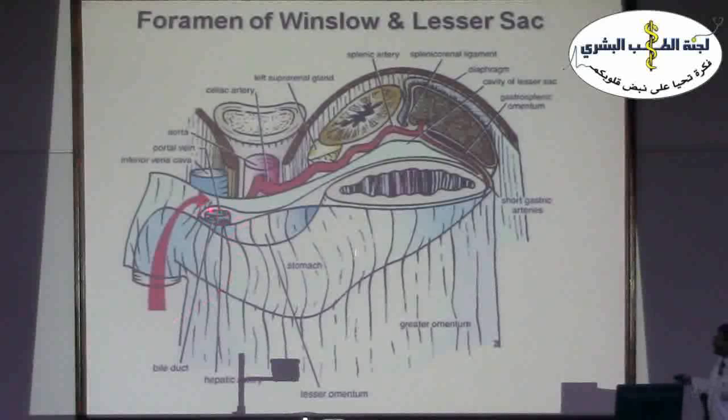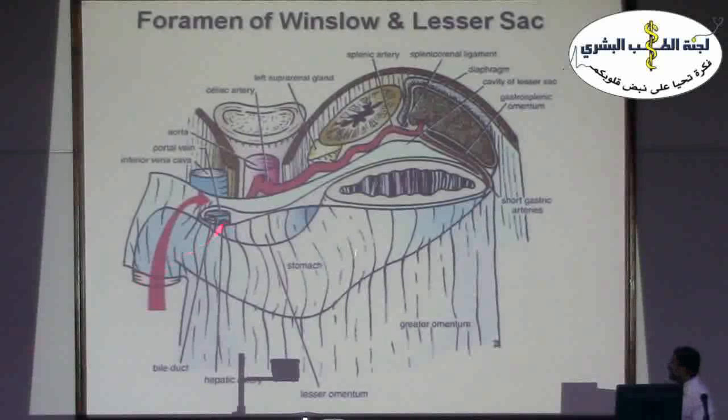The portal vein is the largest one, which takes blood from the intestine back into the liver to be filtrated, okay? And after it's filtrated within the liver, hepatic veins will drain it into the inferior vena cava to the heart, okay? So this is the portal vein for filtration of the blood before it's returning back to the heart within the liver. Then we have the hepatic artery, which takes oxygenated fresh blood from the aorta into the liver cells for oxygenation, okay?